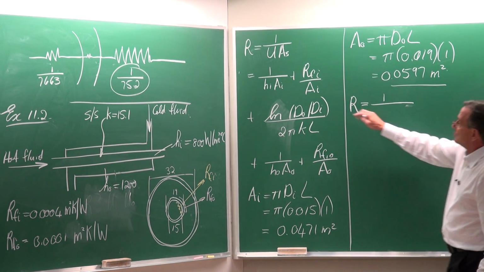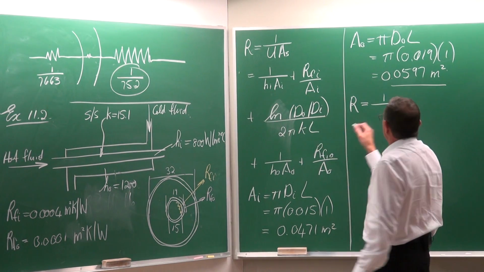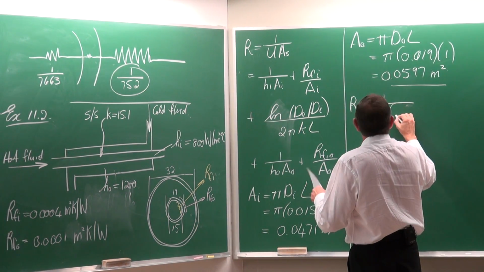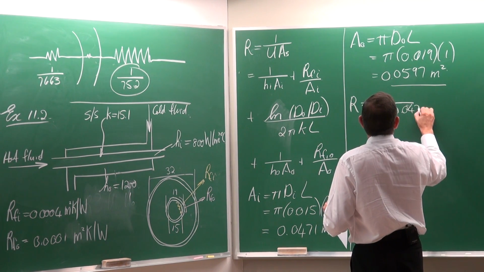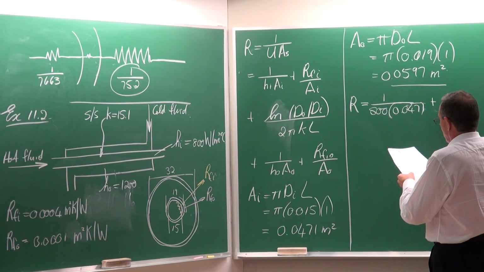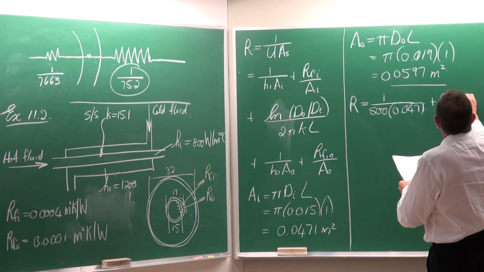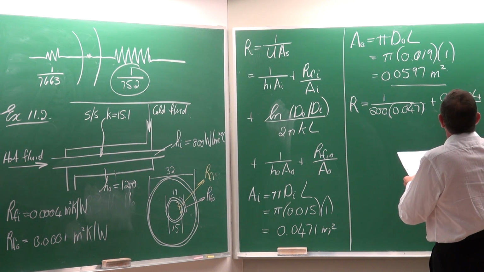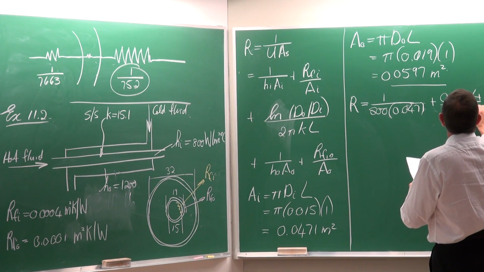So it is 1 divided by the heat transfer coefficient on the inside, 800, multiplied by the surface area on the inside, 0.0471, plus the fouling, which is 0.0004 divided by the surface area, 0.0471.